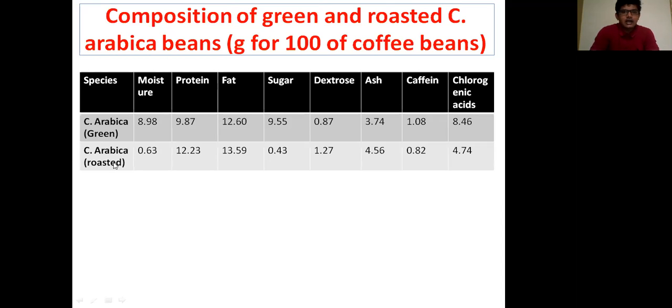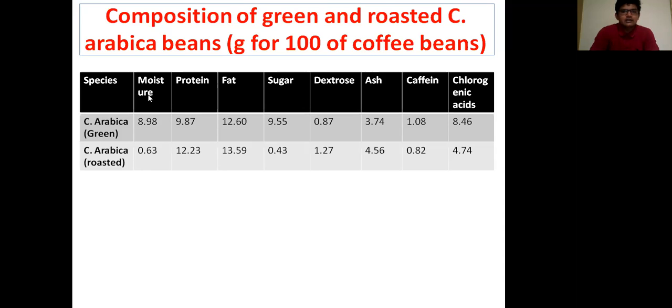So the green and roasted species of Coffee arabica contain different percentages. We can see the main difference in moisture between green and roasted. In a green bean there is 8.98% moisture, but in roasted it can lower to 0.63%.